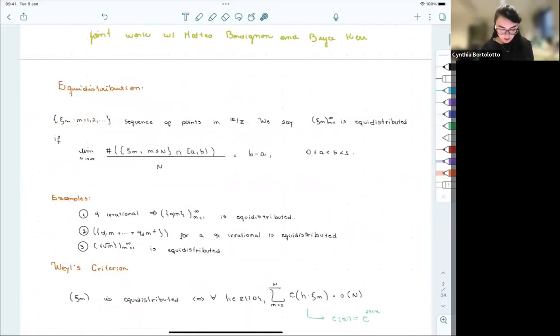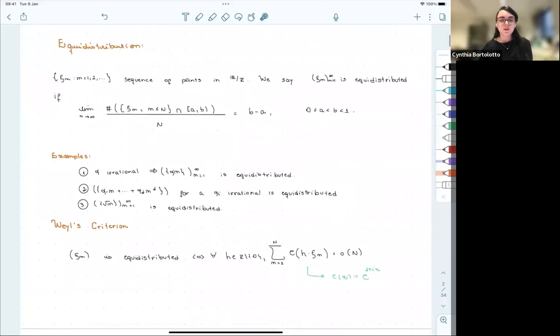To start, I want to just recall what equidistribution is. We start with a sequence of points in [0, 1].